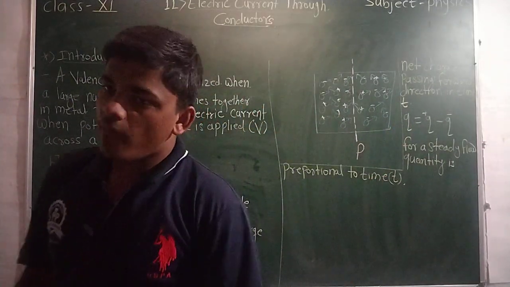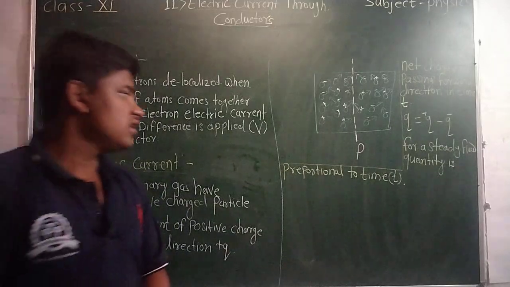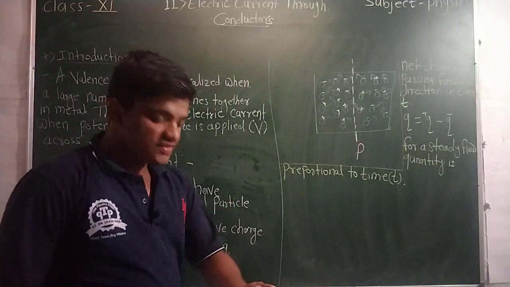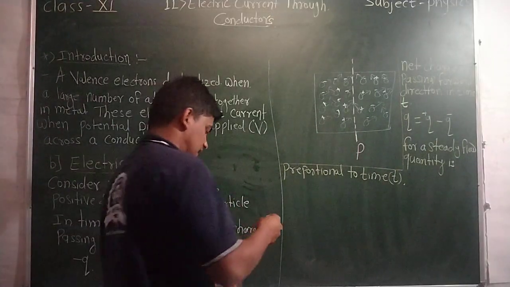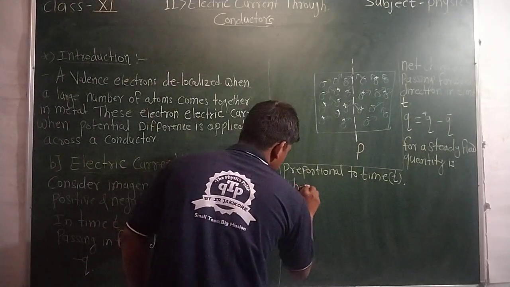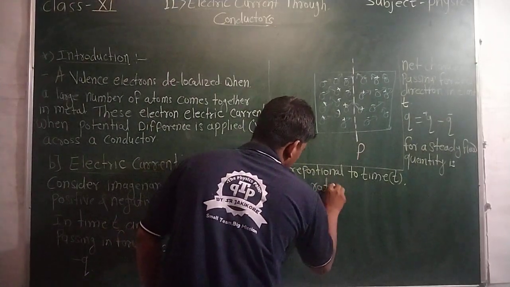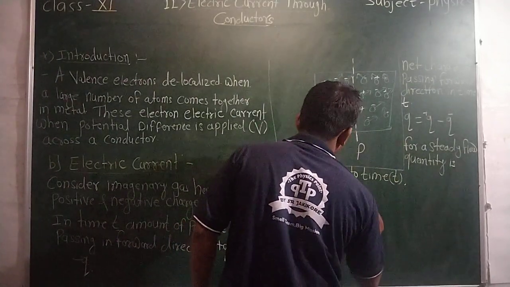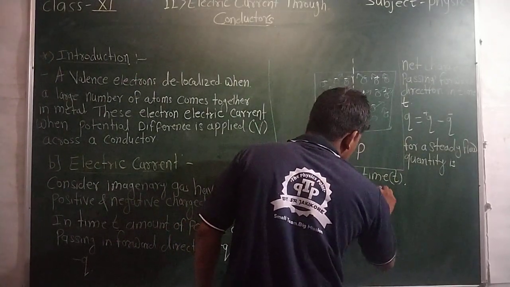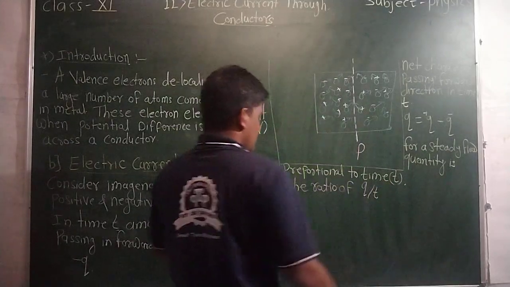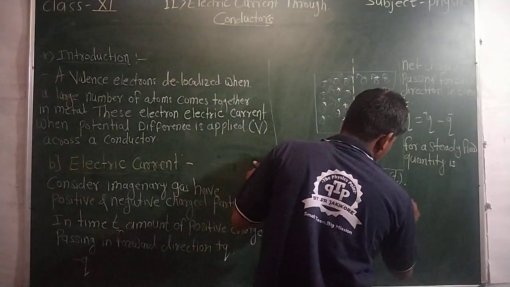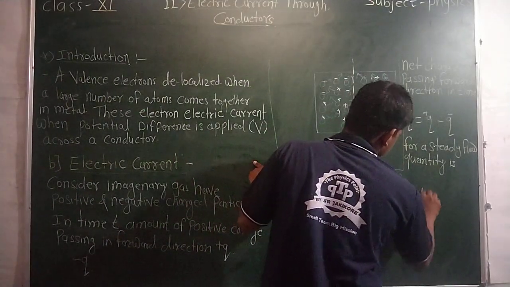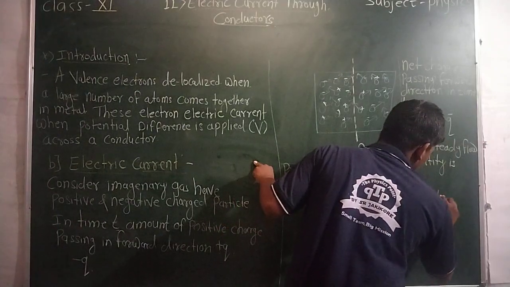The ratio of charge passing with respect to time is called the electric current. The ratio of net charge q with respect to time t is called electric current.